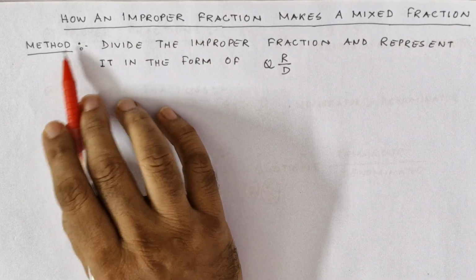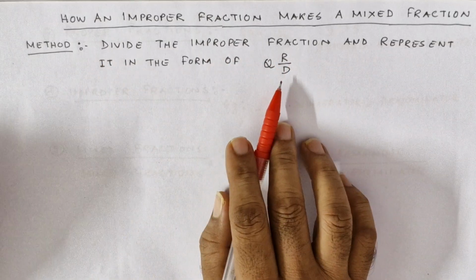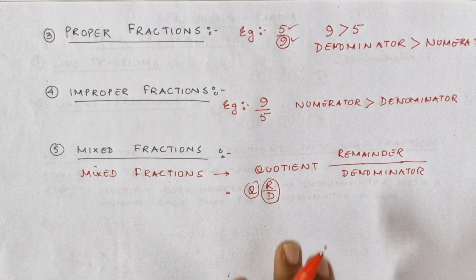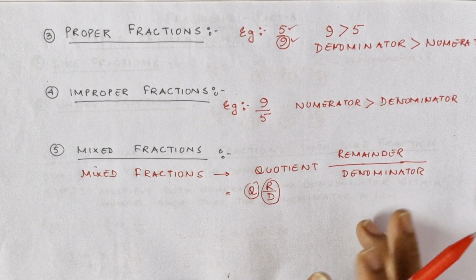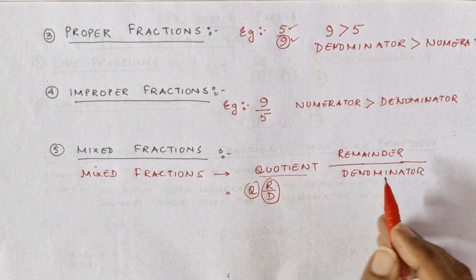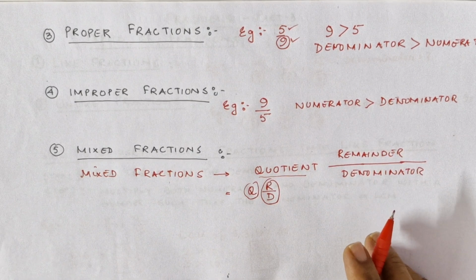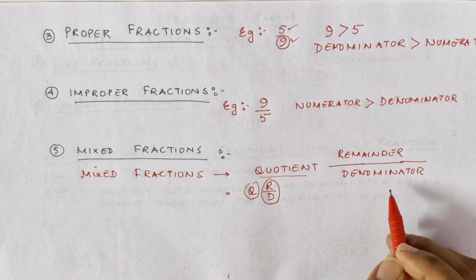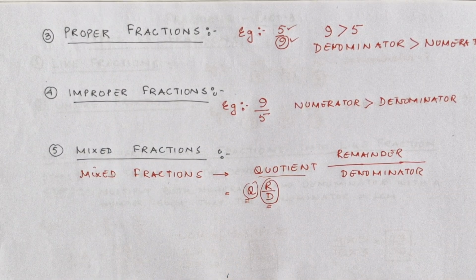We divide the improper fraction and represent it in the form of Q R/D. So what have we learned? An improper fraction can be written as a combination of a natural number, as a whole, and a proper fraction, right? So a mixed fraction can be written as quotient, remainder divided by denominator. This is the whole and this is the proper fraction.